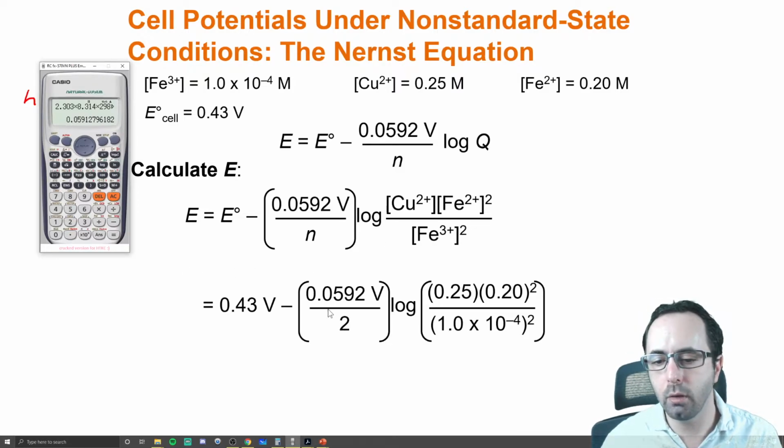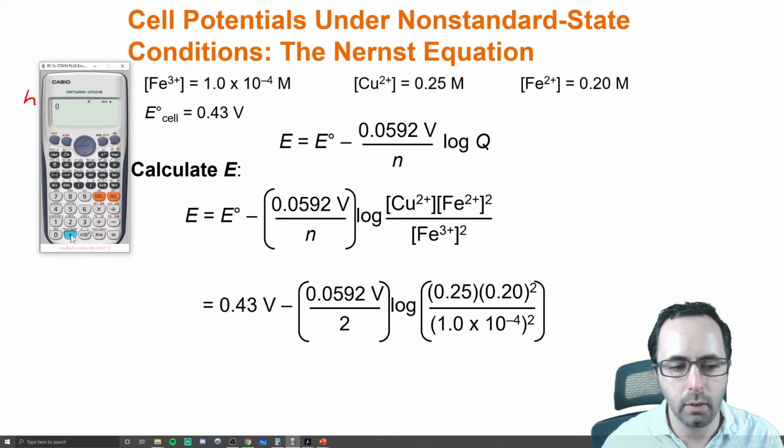And so now let's punch that in the calculator. And be very careful. If you're going to do it all in one shot like I am, be very careful. So I'll show you here. 0.43 minus 0.0592 divided by 2 times the base 10 log of 0.25 times 0.2 squared, divided by 1 times 10 to the minus 4 squared, close parentheses.